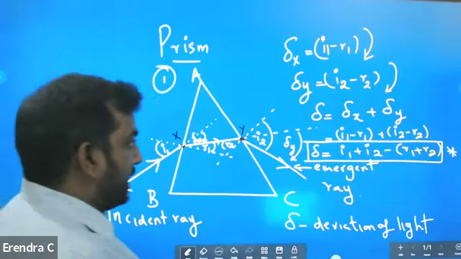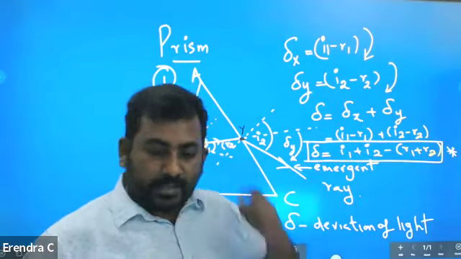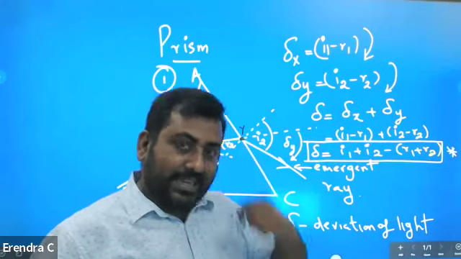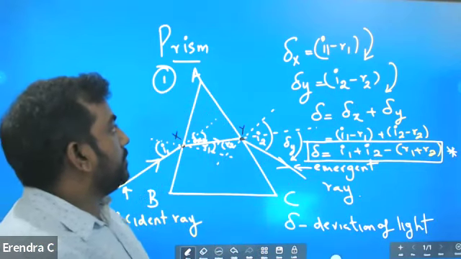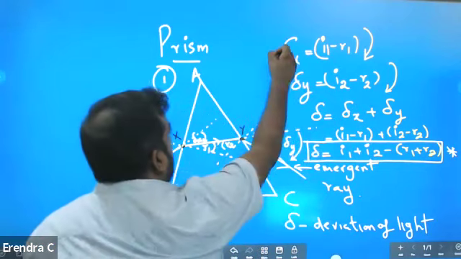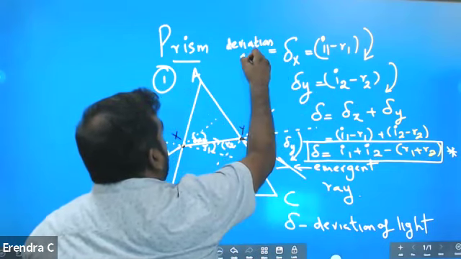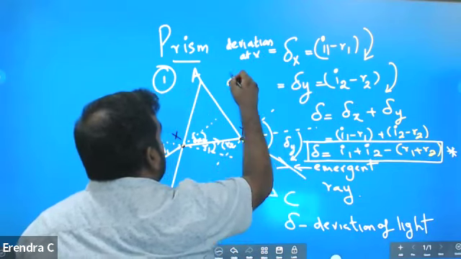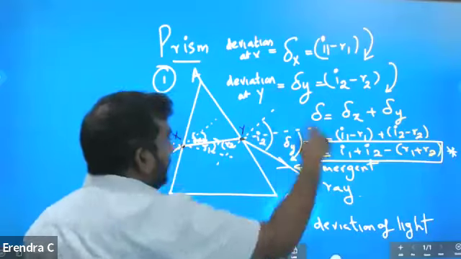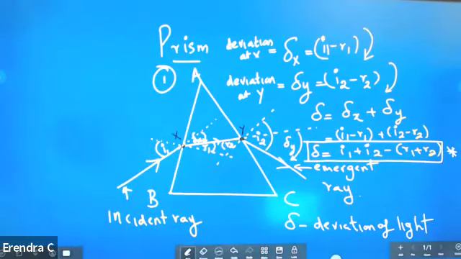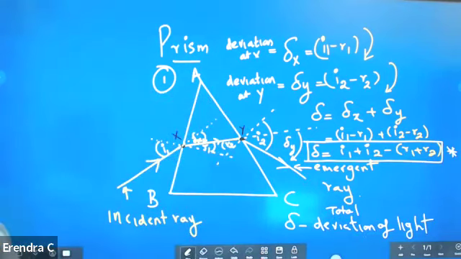We can represent this as indicated below. This is the deviation at X. This is the deviation at Y. This is the total deviation of light.